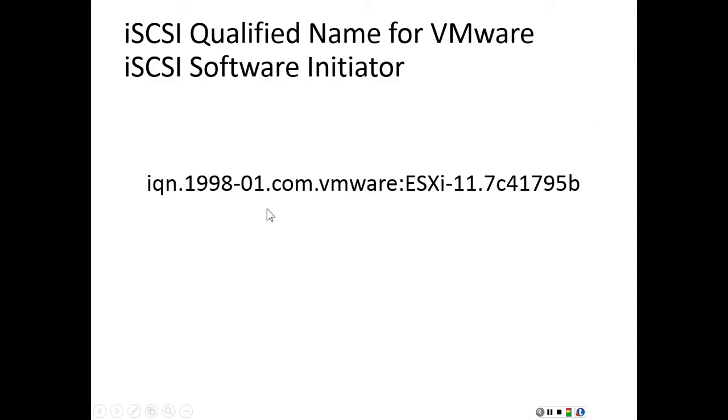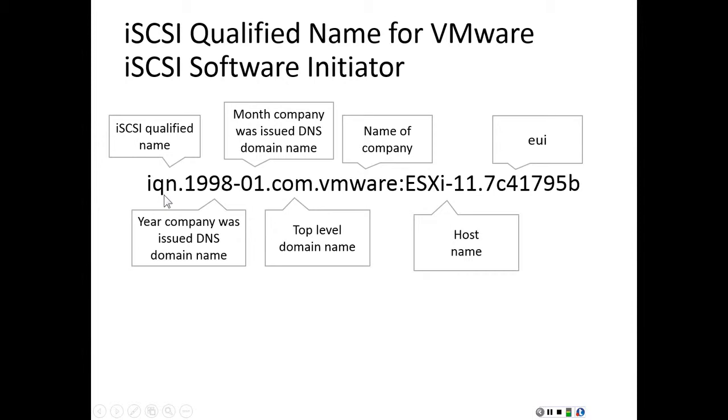So here is how we would interpret that name. IQN stands for iSCSI qualified name. 1998 was the year that VMware was issued its DNS domain name. 01 is the month the company was issued the DNS domain name. .com is the top level domain name, and VMware is the name of the company.